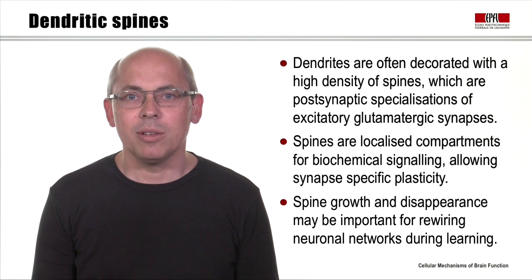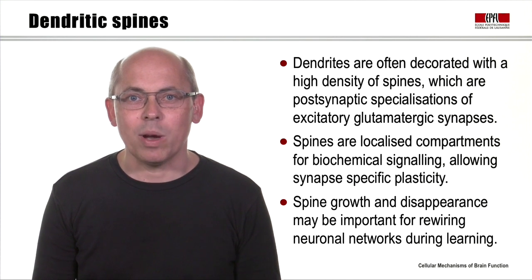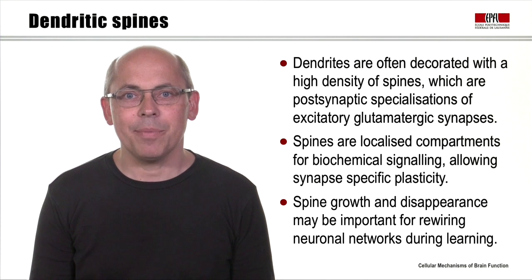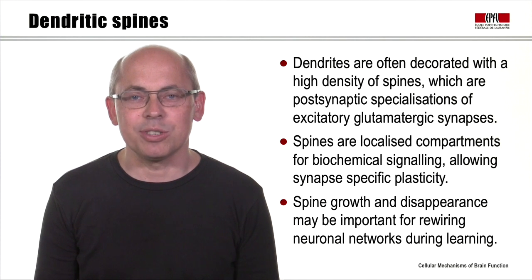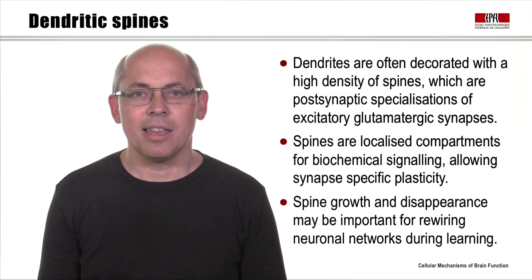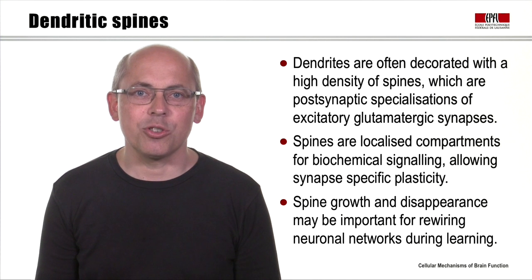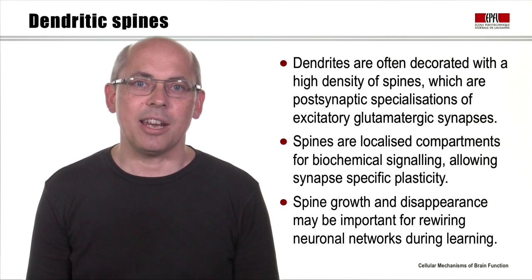One important role is that they may form isolated biochemical compartments where signaling can occur in a synapse-specific way, so that signals that result from, say, synaptic plasticity can be confined to that individual synapse, and that we don't change all the nearby synapses on the dendrite, but just that one specific synapse that wants to be altered.